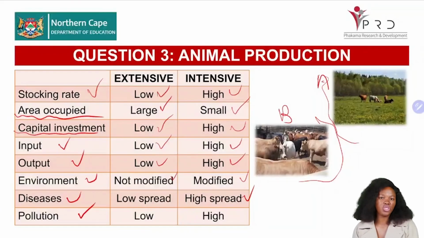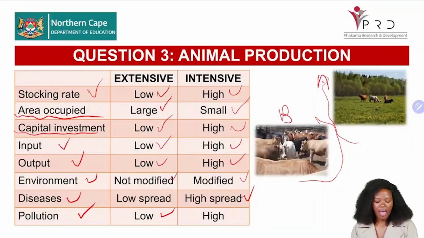When it comes to pollution, damaging the environment, under extensive, there is low pollution. Why? Minimal chemicals are used. Remember, they raise farm animals using traditional methods, organic fertilizers, organic ways, or organic feeds.